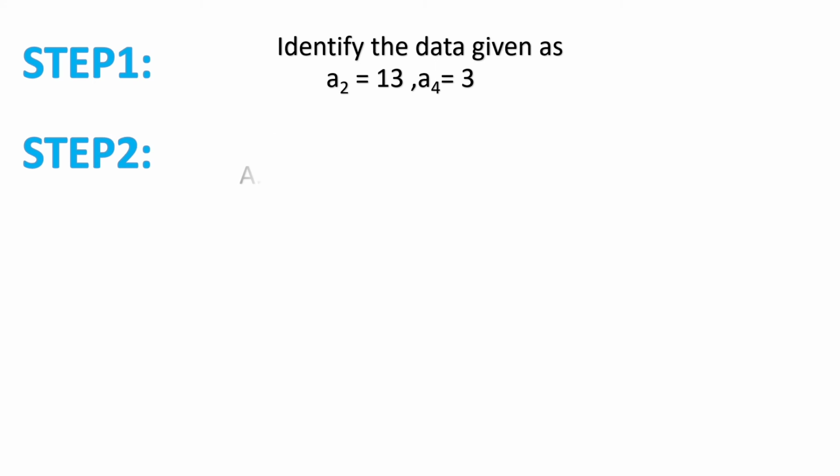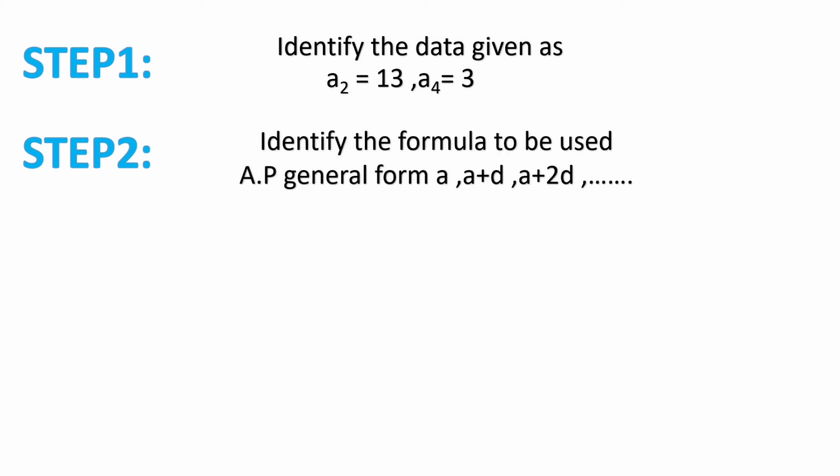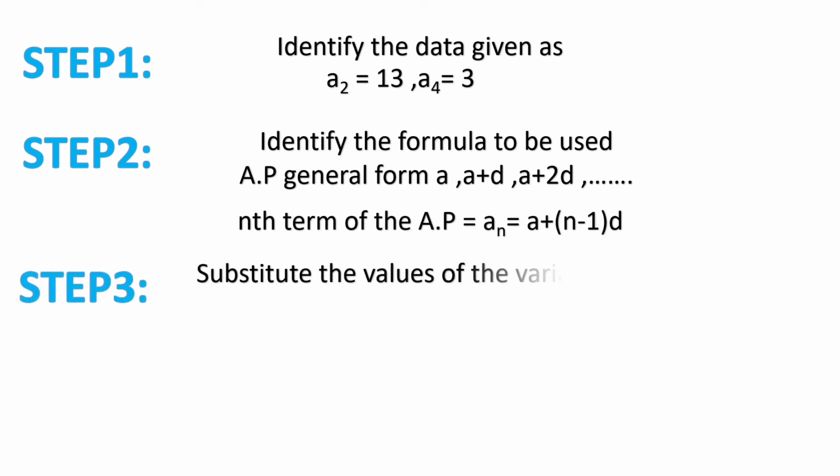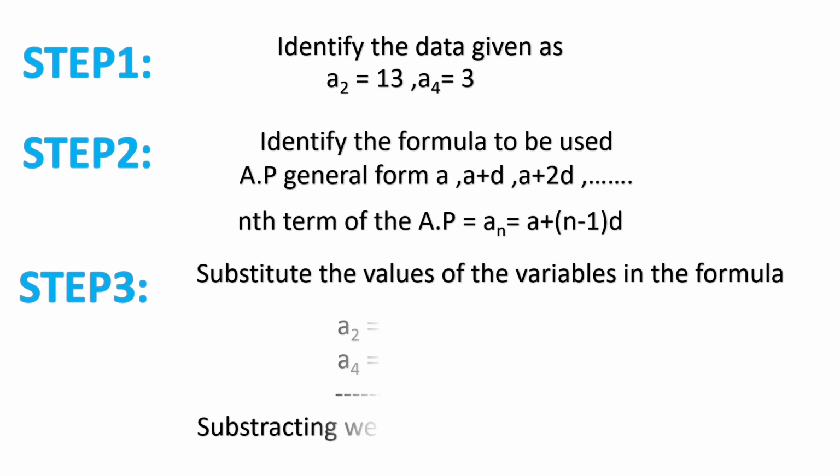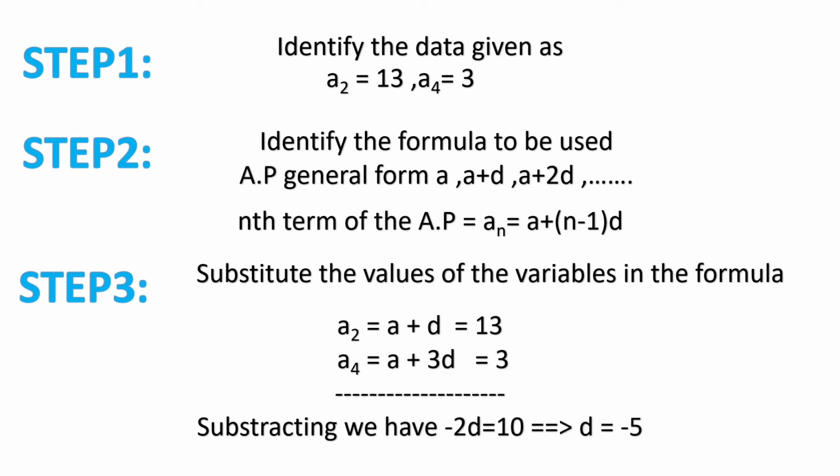Next step, you have to identify the data given in the first step, that is A2 is equal to 13, A4 is equal to 3. Then identify the formula required in step 2, and in step 3 you have to substitute the values of the variables here. That is, first consider the formula of A2, which is equal to A plus D, which is equal to 13. Then consider the formula for A4, which is equal to A plus 3D, which is equal to 3.